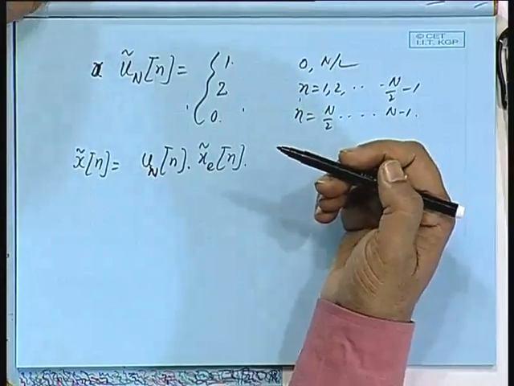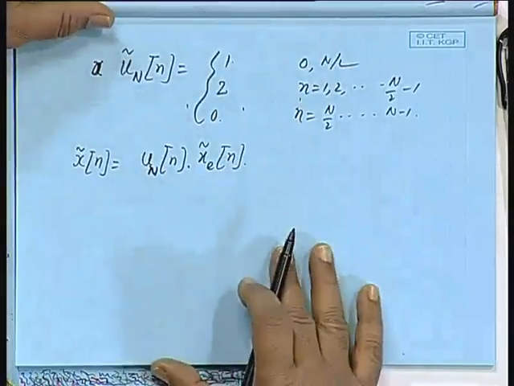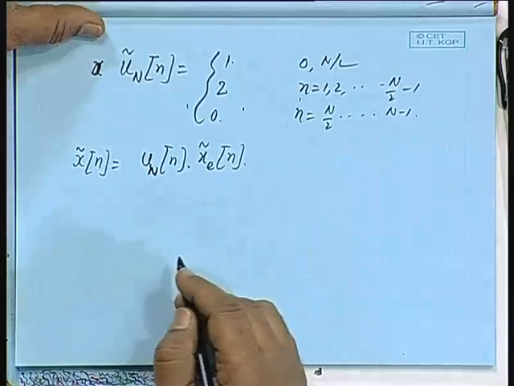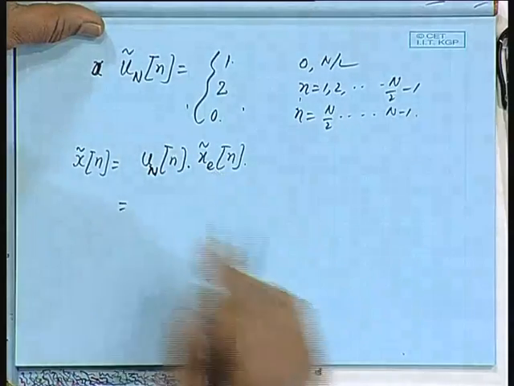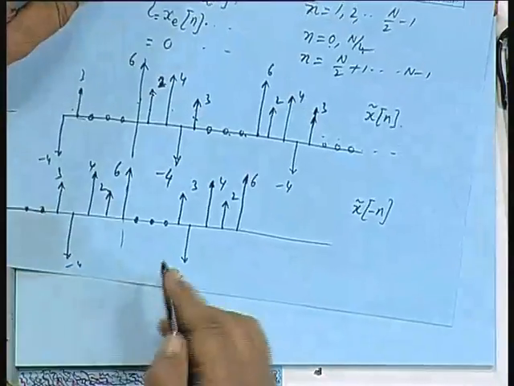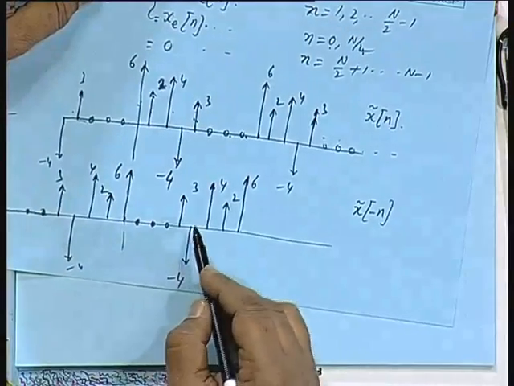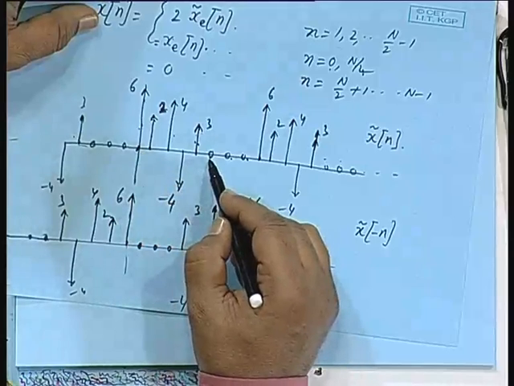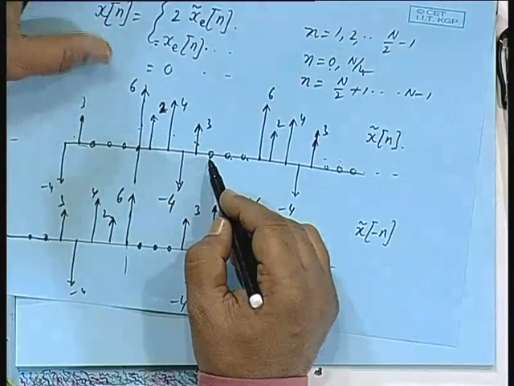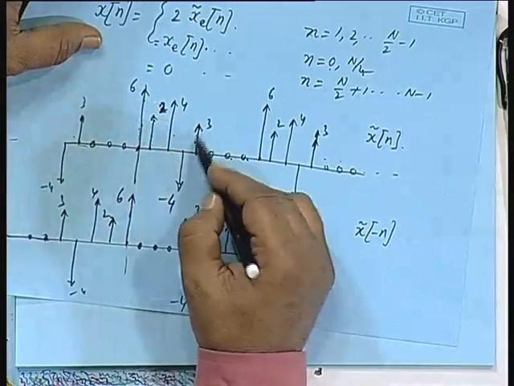Is it all right? That means, or in terms of odd function, it is only at this point, and that is at 6 and 3, this is 0 and n by 2, these values are missing in the odd part, is it not? When you subtract in the odd part, that is missing.